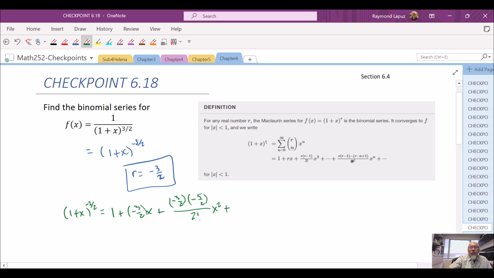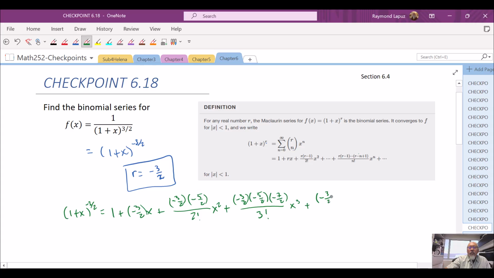So for the third degree term of our polynomial, we're going to have negative 3 over 2, we'll subtract 1, negative 5 over 2, and then we'll subtract 1 more, negative 7 over 2, and then all divided by 3 factorial this time. And then multiply that by x cubed. And then let's do one more, just so we can get a feel for the pattern.